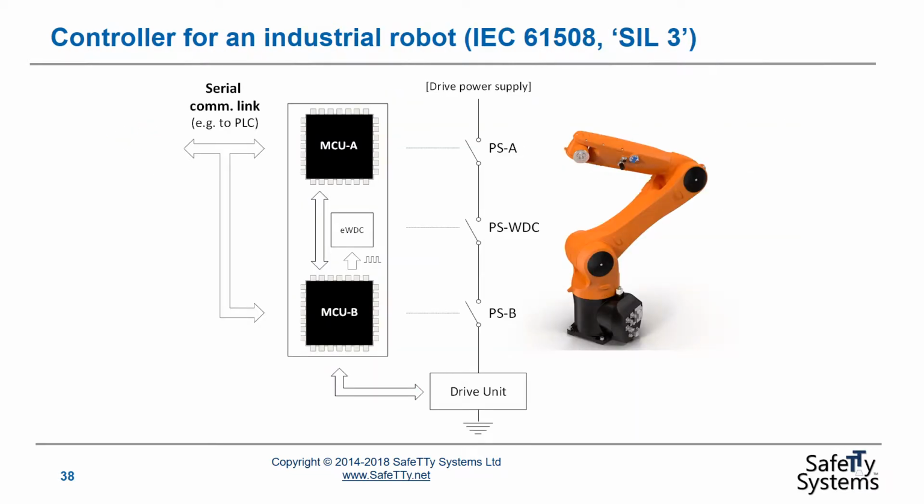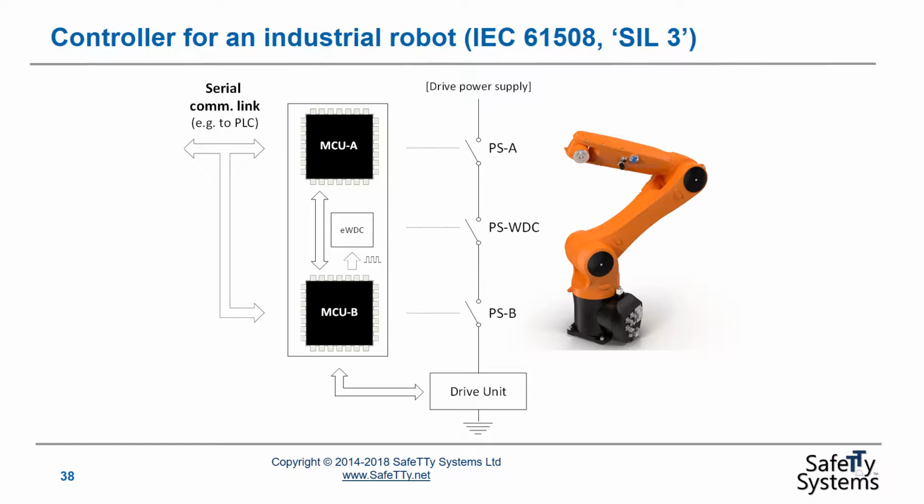Other applications of dual processor designs are many industrial control systems. Designs developed in compliance with IEC 61508 often require use of two processors with cross-checks between them to meet hardware fault tolerance requirements.